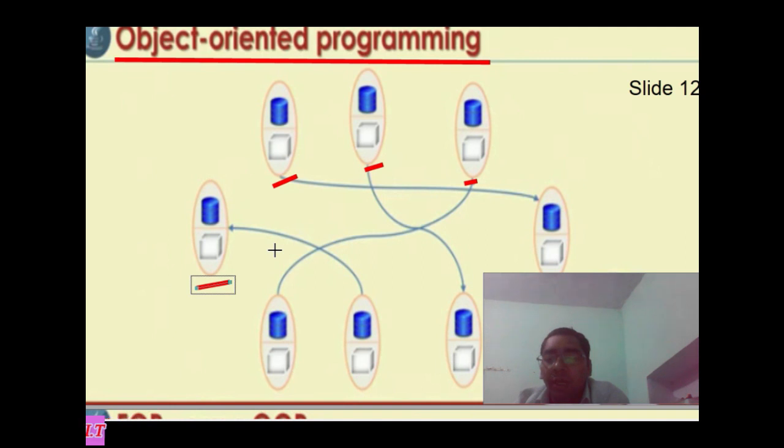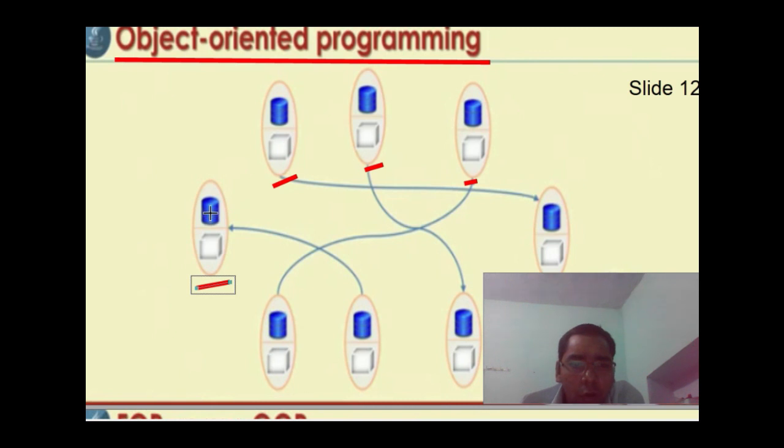Here one interesting difference is that there is no global database, as there was in function oriented programming, where a global database is shared by different modules or sub functions. Whatever data the program requires will be used or stored within that object.